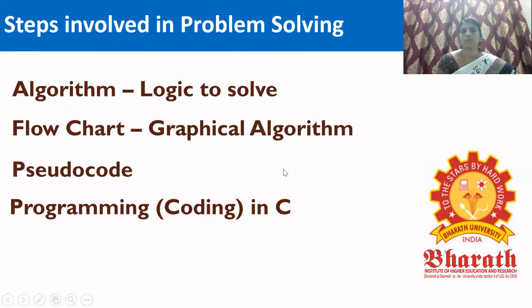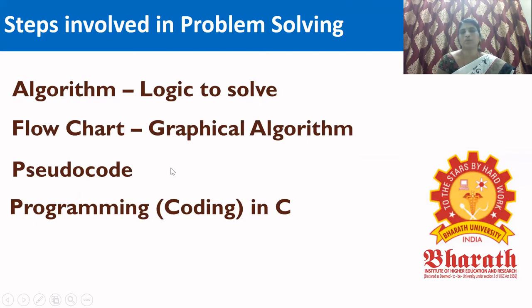Next come the steps involved in problem solving. Whenever we need problem solving through the C programming language, we have four steps. First, we need to write the algorithm, the logic to solve the problem. The next step is the flowchart, the graphical form of the algorithm, which gives a clear explanation of the flow of data.